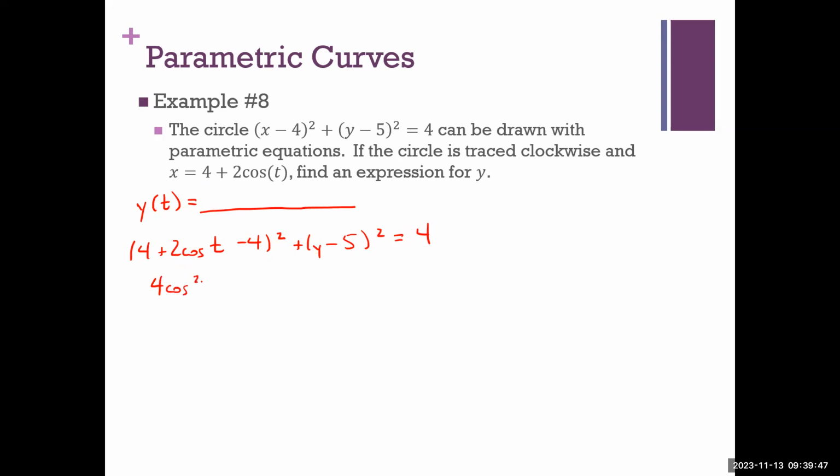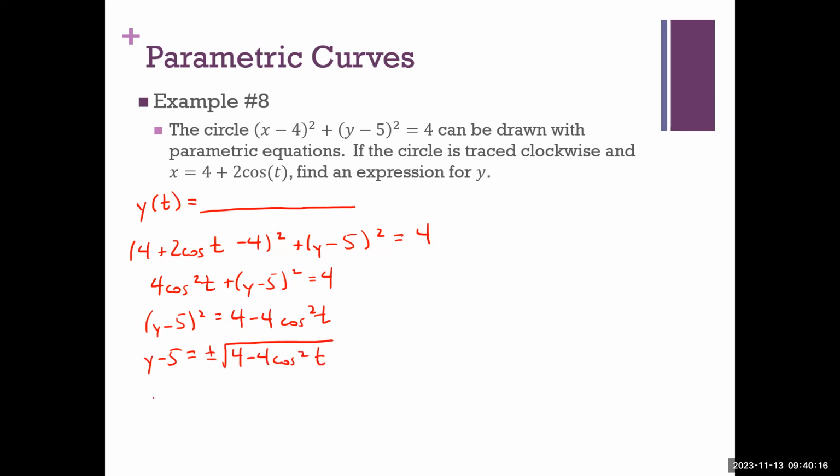Right, so 4 cosine squared t plus y minus 5 squared equals 4. So y minus 5 squared equals 4 minus 4 cosine squared t. Y minus 5 equals plus or minus the square root of 4 minus 4 cosine squared t.